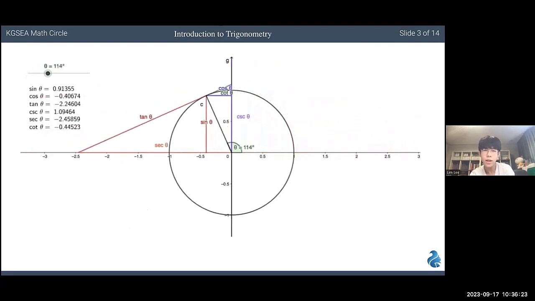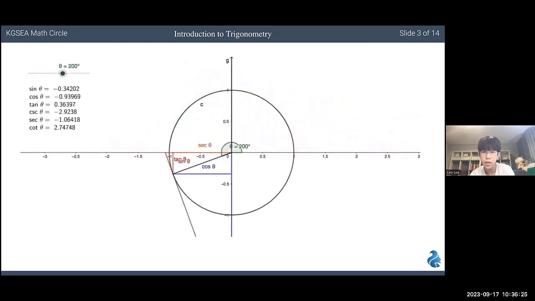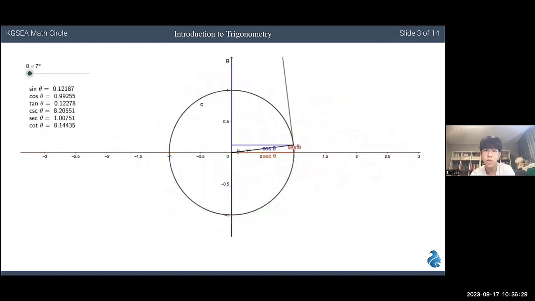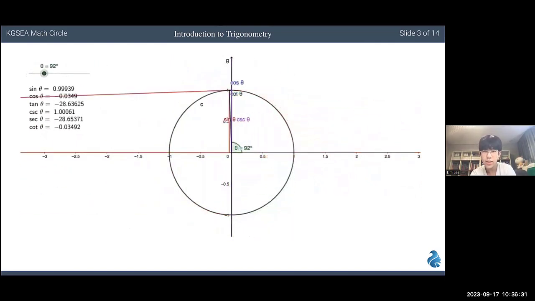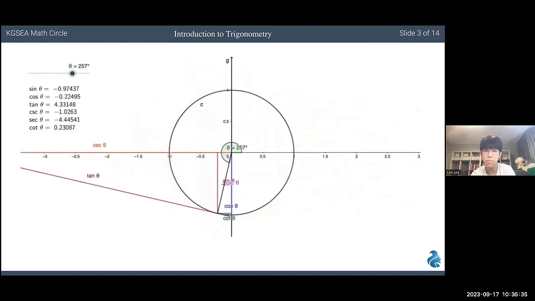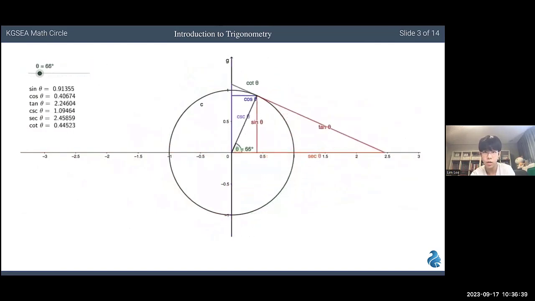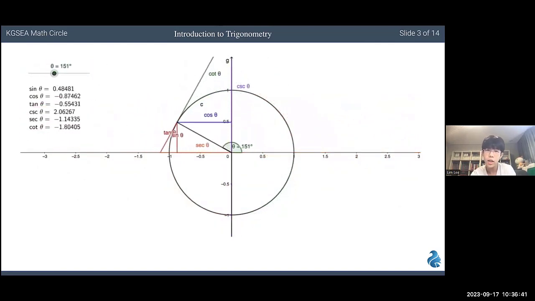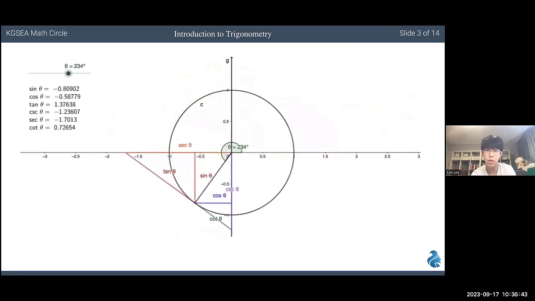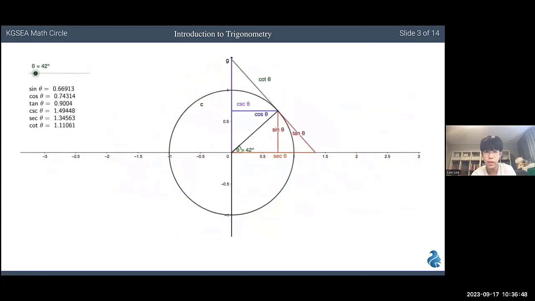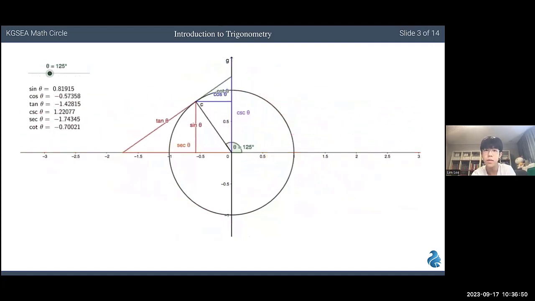Here, we can see a graph of the functions of sine, cosine, and tangent on the unit circle. The respective reciprocals of these functions are the cosecant, secant, and cotangent values, which are plotted here as well. There are three characteristics that we can notice from the following diagram. The first is how all of the functions are repeating, or going back to their original values, with a frequency of 360 degrees, or 2 pi.